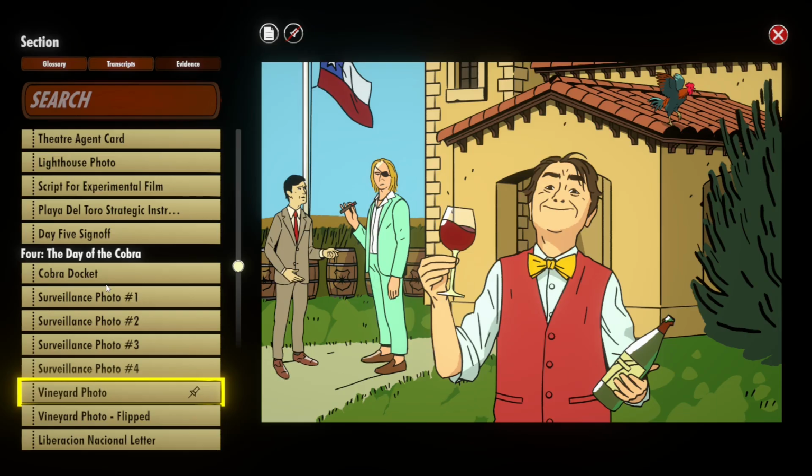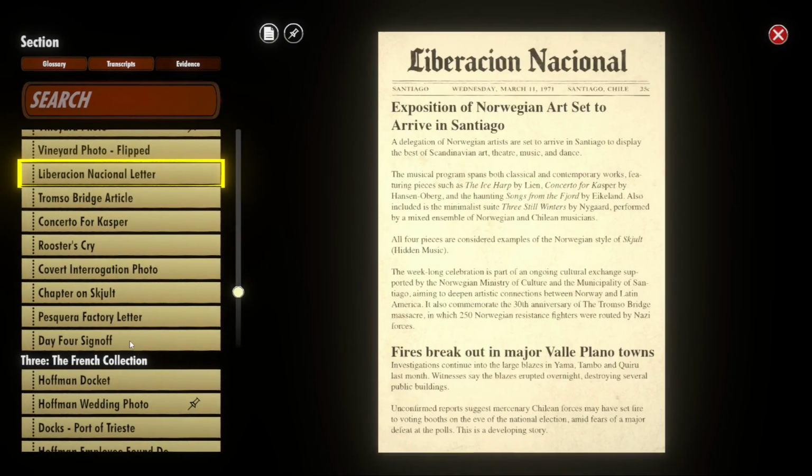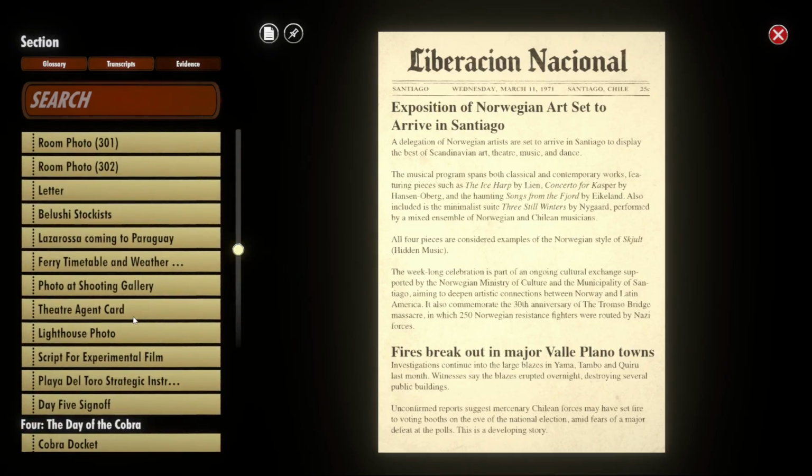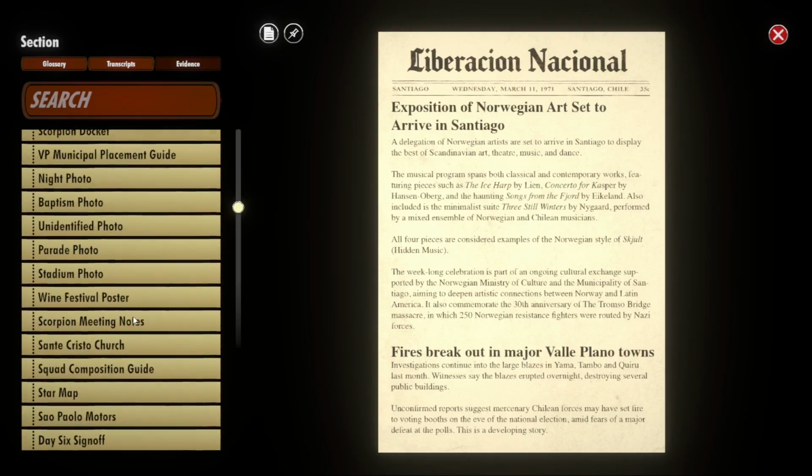Friend of Casper. Casper was mentioned. Not that one.